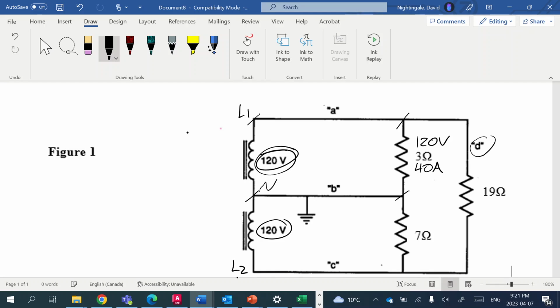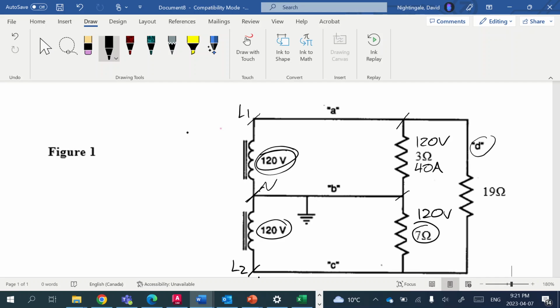particular resistor. Likewise, this 7 ohm resistor is connected across 120 volts via the neutral and line 2, so we can say that that load is seeing 120 volts as well.